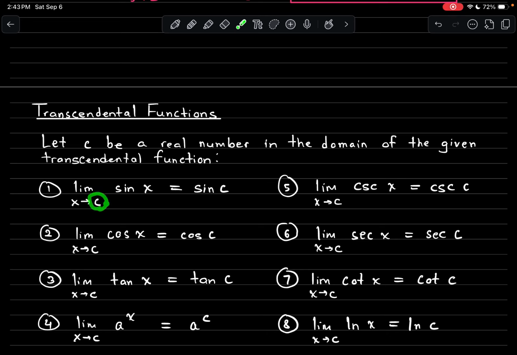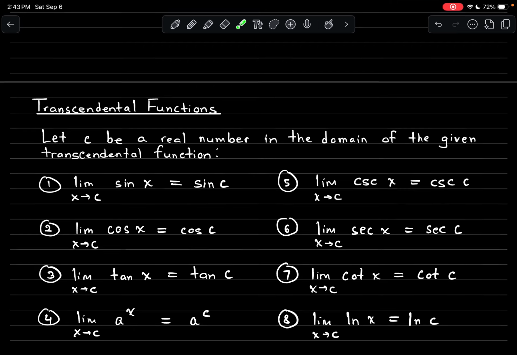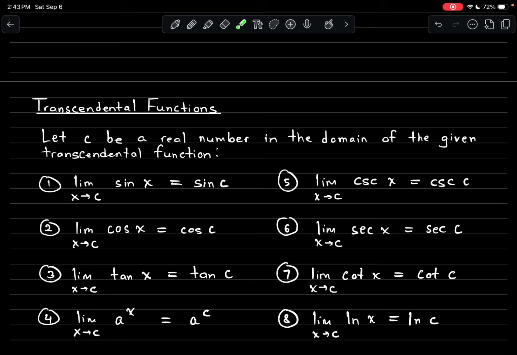So whatever that c value is, you're going to evaluate that inside as the argument of your trig function. The same thing is true for an exponential function. Just replace that exponent with c. And same thing for the argument of a logarithm. Just go ahead and replace that with c. So all of these rules are just telling us that we're allowed to do direct substitution in the way that's most intuitive to us.